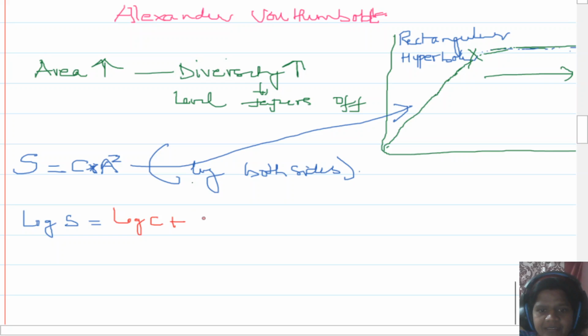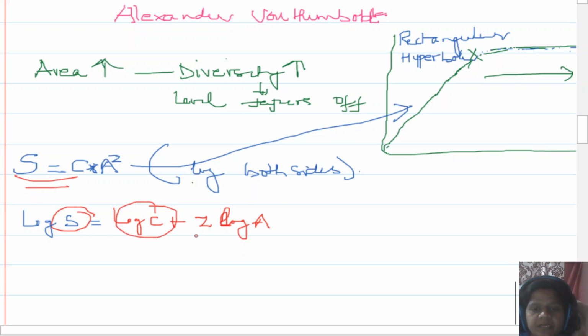So the actual equation is S equals C times A to the power of Z, which is a rectangular hyperbola. To make it clearer, if we take log on both sides, we get log S equals log C plus Z log A. Okay, so S is the species richness, C is the y-intercept, Z is the constant slope, and A is the area.